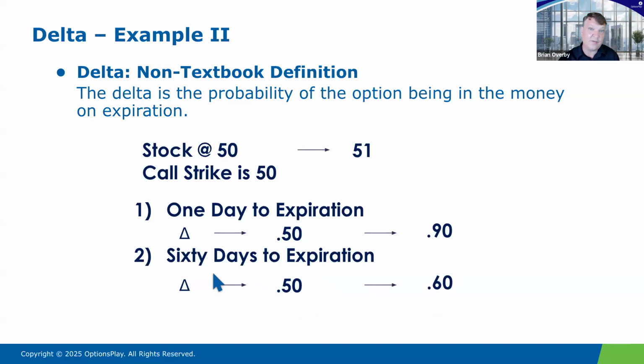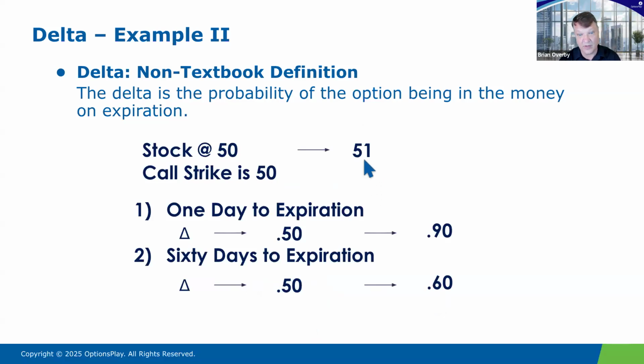Why? You have 60 days for it to get out of the money. In this instance, based off of this definition, time is not your friend, right? If I'm just thinking about in and out of the money, having 60 days left means, can the stock move more than one on the downside in 60 days? Yes.